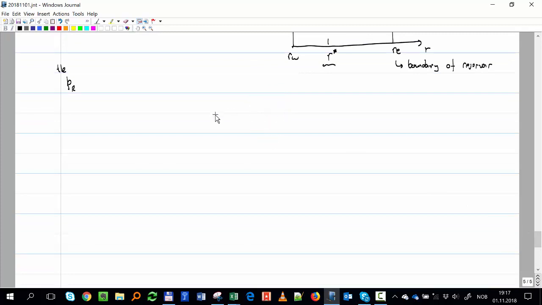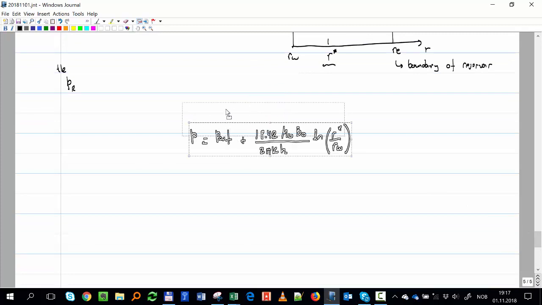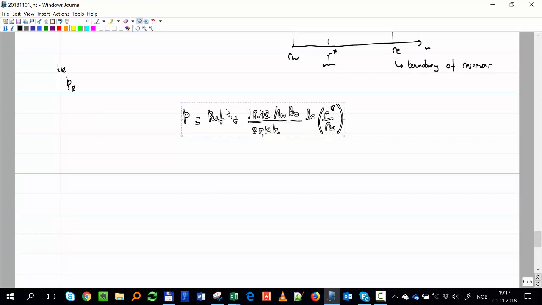This is one way, and it's to avoid more mathematics, because if you try to derive it from fundamentals, it's a bit more complicated. But we have that expression. We want this pressure to be something we can measure. If we shut in the well, all the pressure will equalize, and I reach this average pressure. So I want this to be PR.